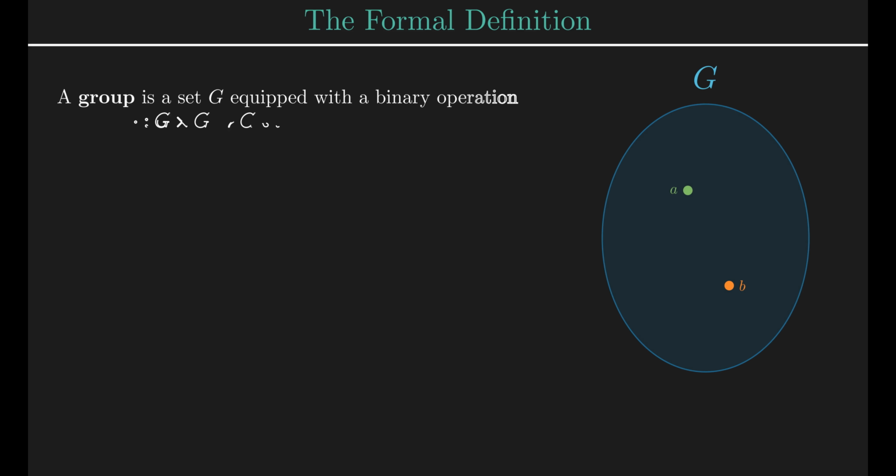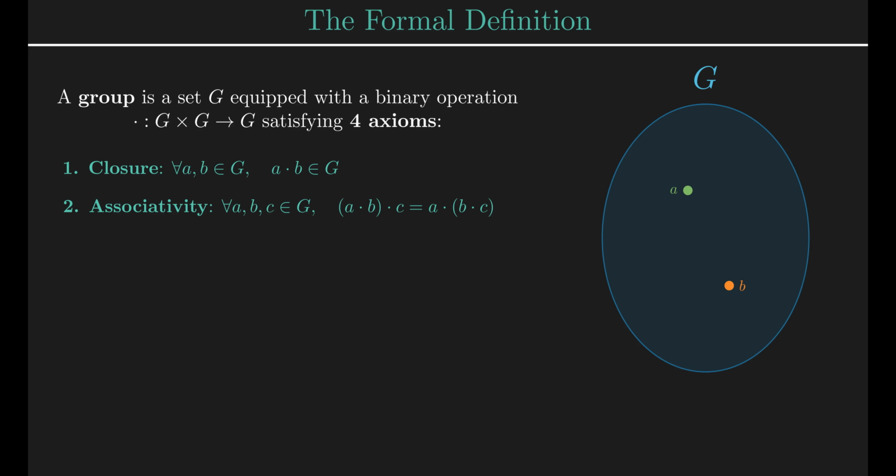To officially be a group, a set G equipped with an operation must satisfy 4 fundamental axioms. First, closure. Combining any two elements A and B must produce a result that stays strictly inside the set. Second, associativity. The grouping of operations does not matter. Performing A times B, then C, is the same as A times B times C. Third, identity.